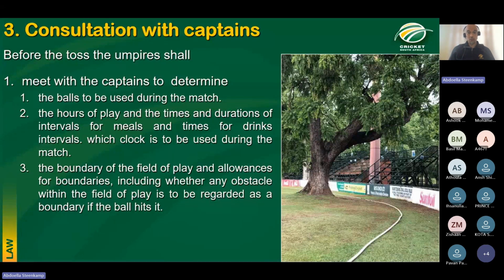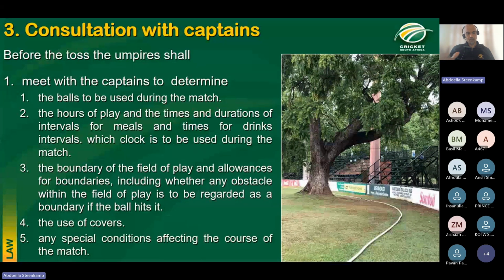What are we not going to do? Before the game, discuss this. Decide what you are going to do. If it hits the poles, if it hits the tree, we're going to go boundary 4. Everyone knows, so if it happens, we know how to handle it. Discuss the use of covers. How are we going to deal with it? If there are any special conditions affecting the game, what are we going to do? How are we going to handle it?